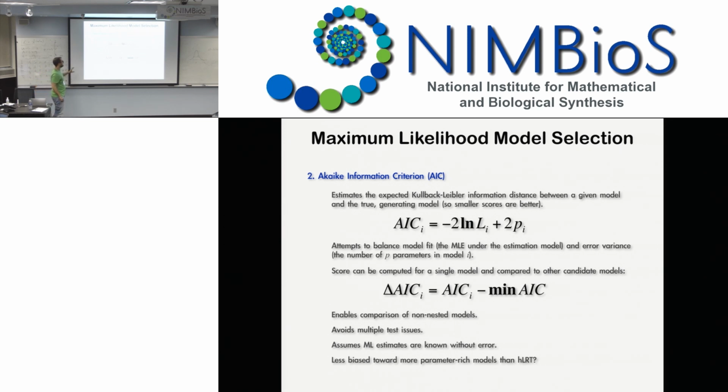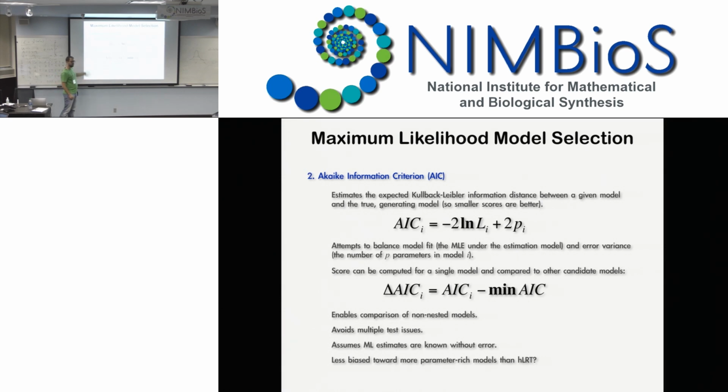The second test that we can do in maximum likelihood inference is the Akaike information criterion, or the AIC, which is quite similar to the likelihood ratio test. We again compute the maximum likelihood estimate, but then the AIC is computed as minus twice the log of the maximum likelihood estimate plus 2 times the number of parameters.